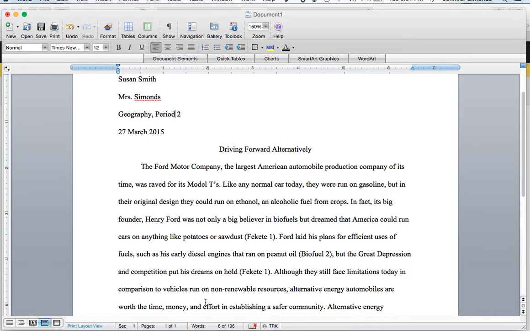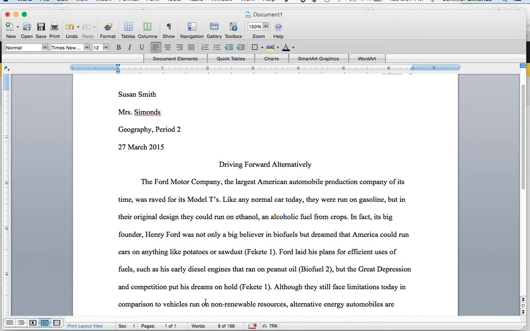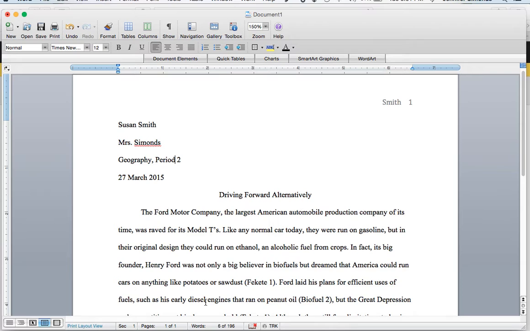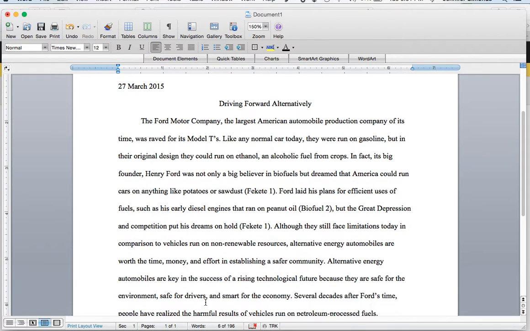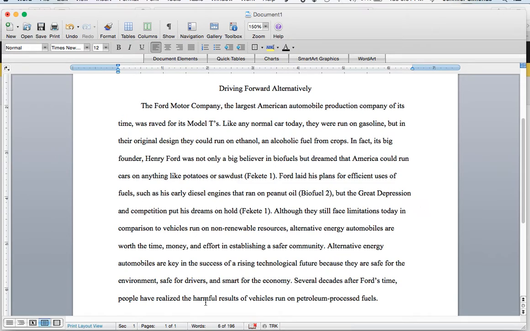This is a paper on alternative energy. So I'll let you go ahead and just read through. This is again set up in MLA format. So the hook actually is right here.